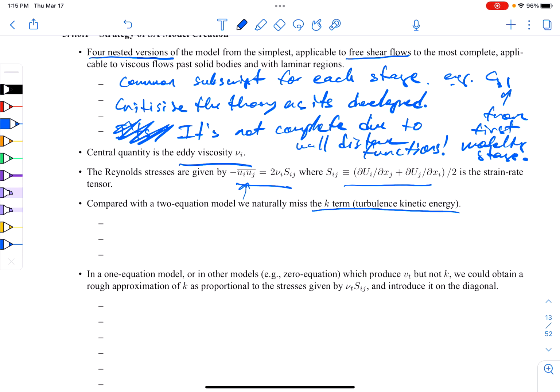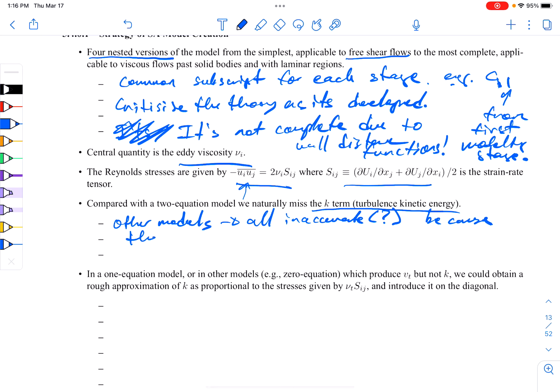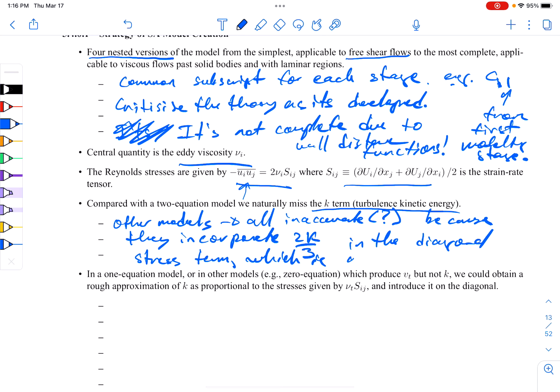And they argue that in those other models, they're all inaccurate because they incorporate 2k over 3 in the diagonal stress term, which is an approximation.